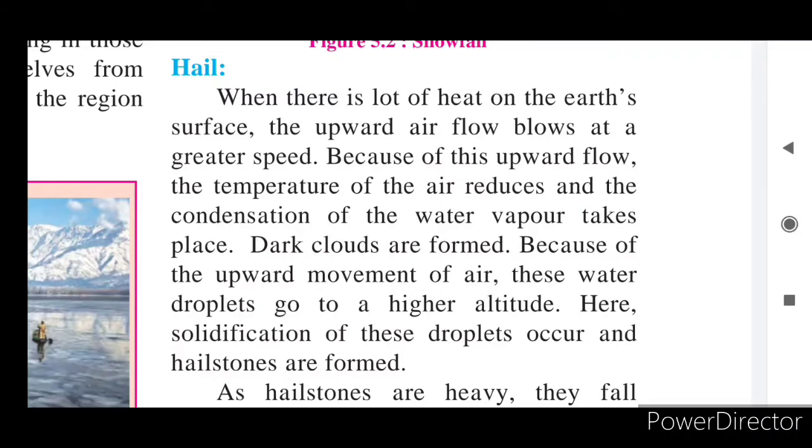And when it goes very high, at that time the temperature is very low, and due to that, the water droplets which are formed in the clouds, means in the air, will convert into solid. So see, because of upward movement of air, these water droplets go to higher altitude. Their solidification occurs. So these water droplets convert into solid. So solidification occurs and hailstones are formed.